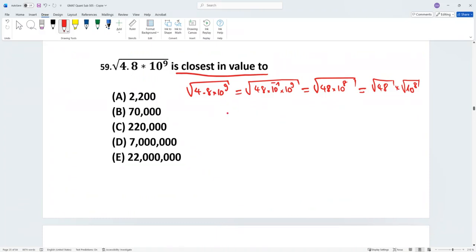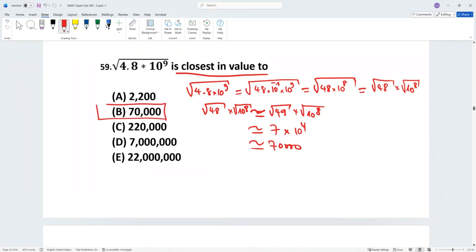The square root of 48 is approximately equal to the square root of 49, so we are going to use that. This will be approximately equal to 7 times 10 to the power 4, approximately 70,000. 70,000 is B.